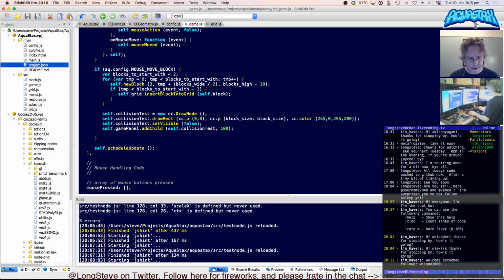So what I want to do is, and it's using block type 3, if I just have an array, then I can do blocks to start with length. And in here, blocks to start with chump.